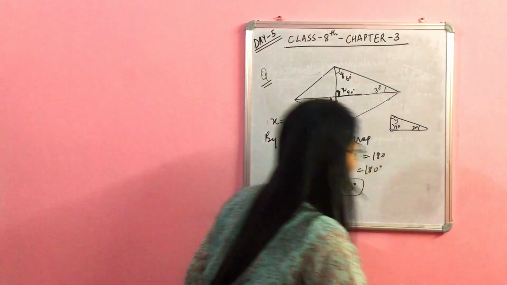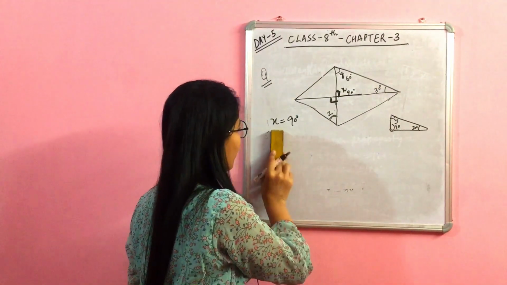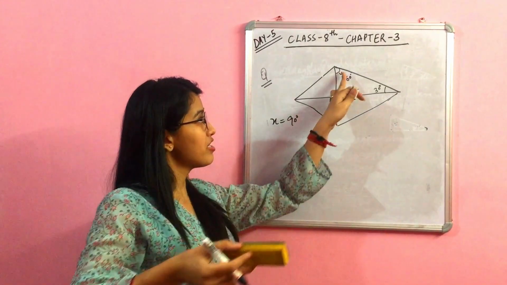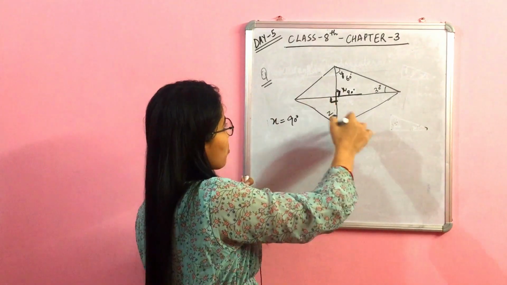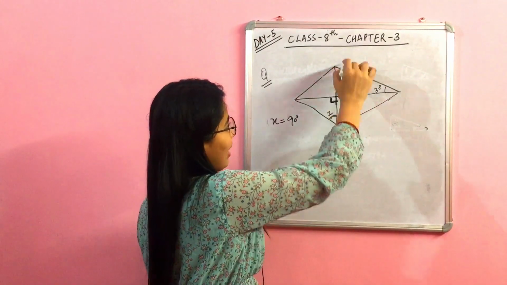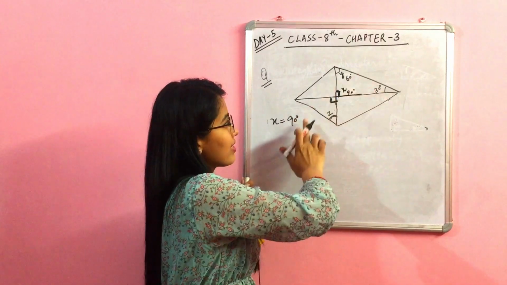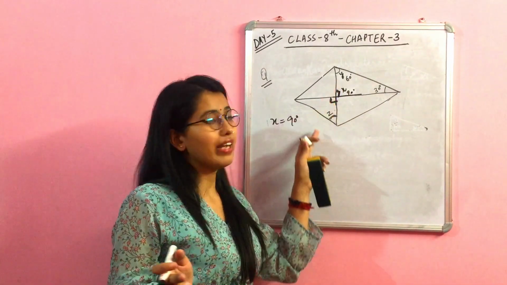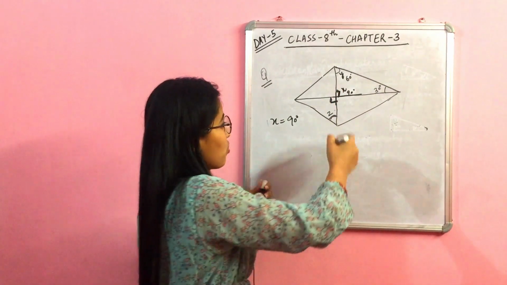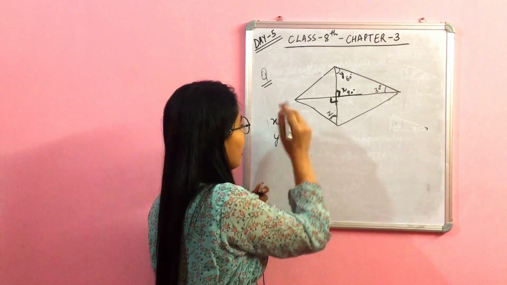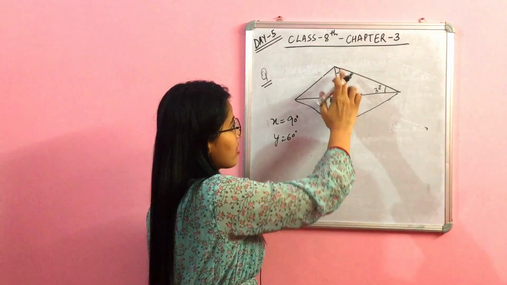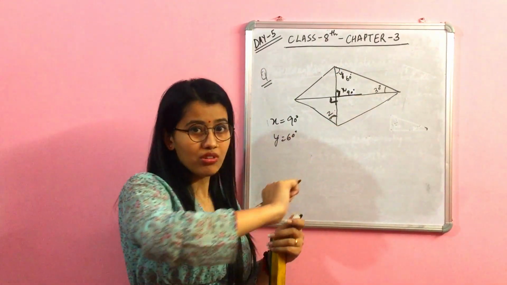Now there is one more property of parallelograms, that adjacent angles are equal. Okay, so if you see, these two lines are parallel and these two lines are parallel, right? So if two lines are parallel to each other, then adjacent angles are always equal. So with this property we can say that y is equal to 60, and with the adjacent property, this y is equal to z.